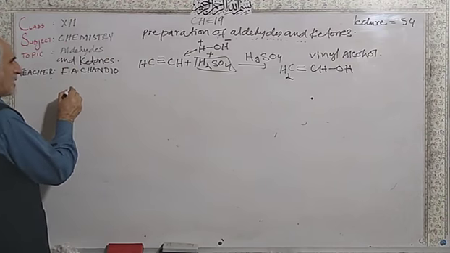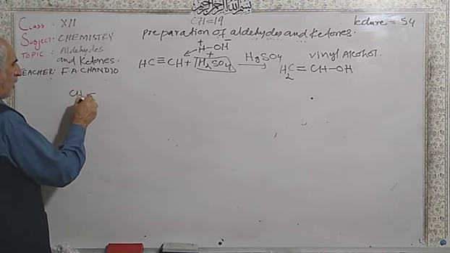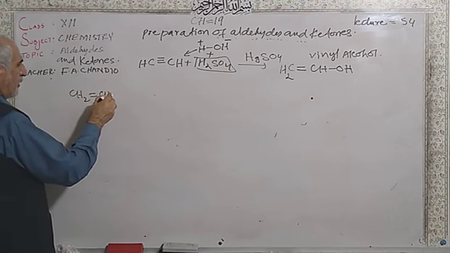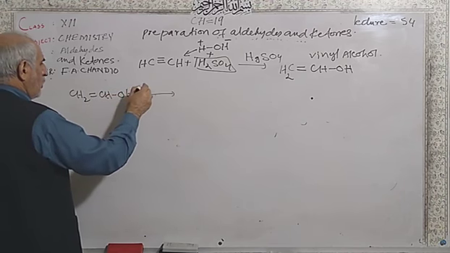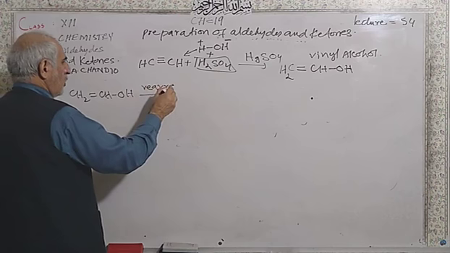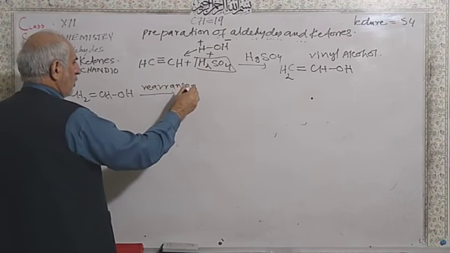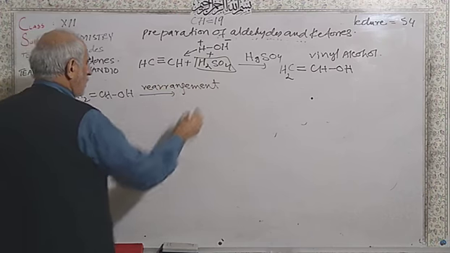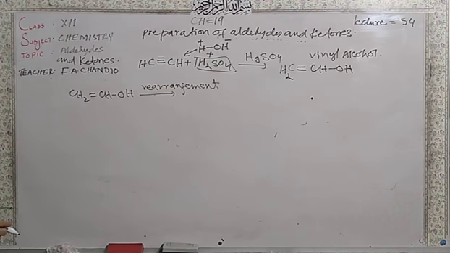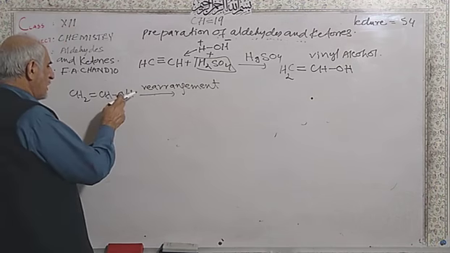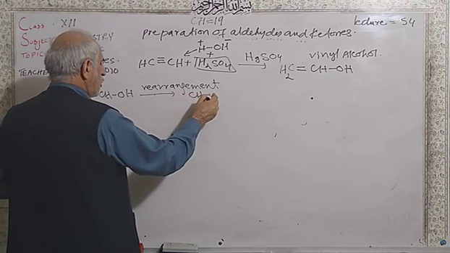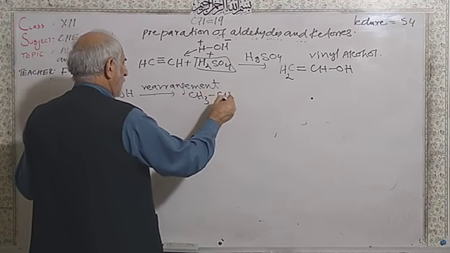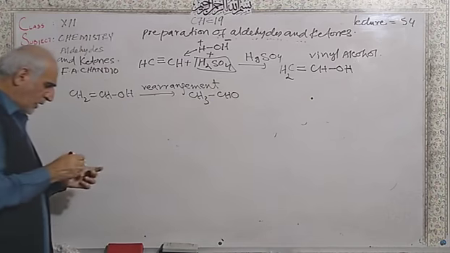This vinyl alcohol has a rearrangement. So this hydrogen is going to be attached here, CH2 changes into CH3, and there is a CHO, so you will get an aldehyde here.